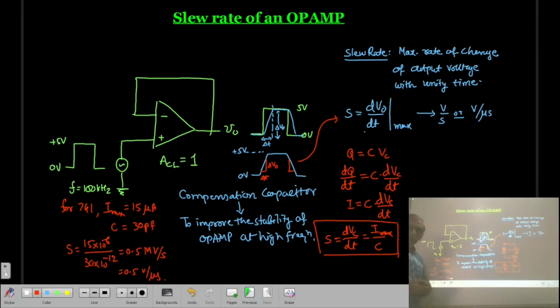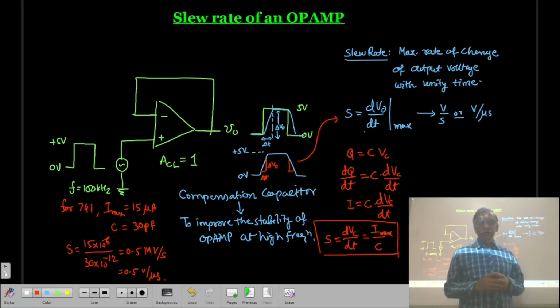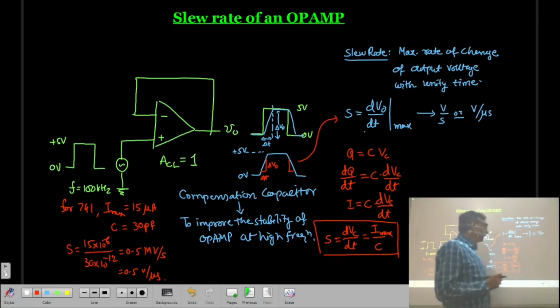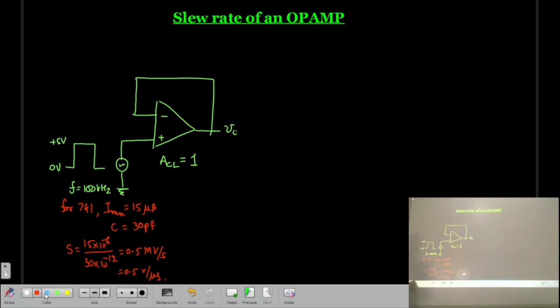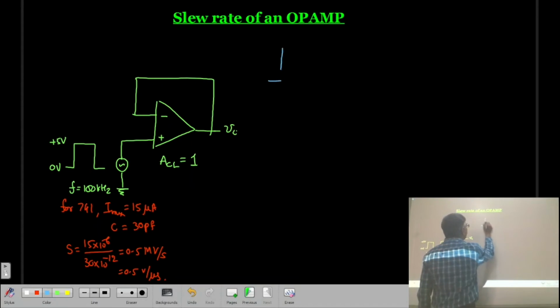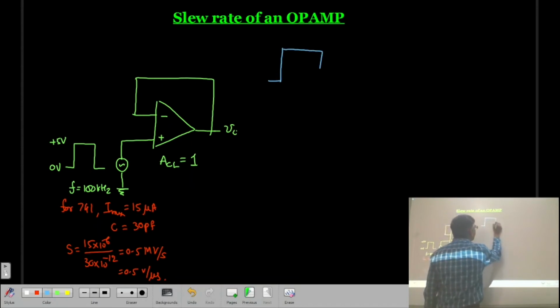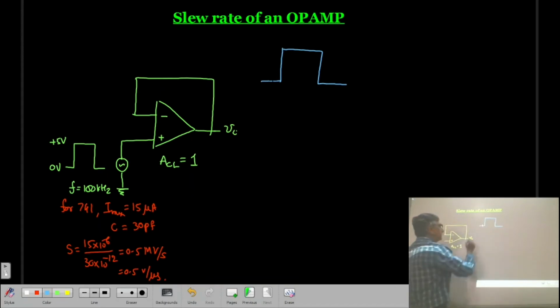Now let us see what is the effect of a slew rate on the output signal. Okay. So first of all we will take an example of a square wave. So let us say we have this square wave. The amplitude of the square wave is 0 volt and 5 volt.